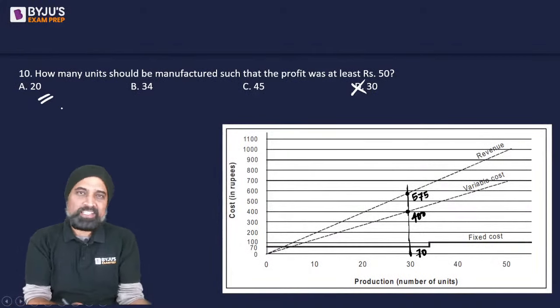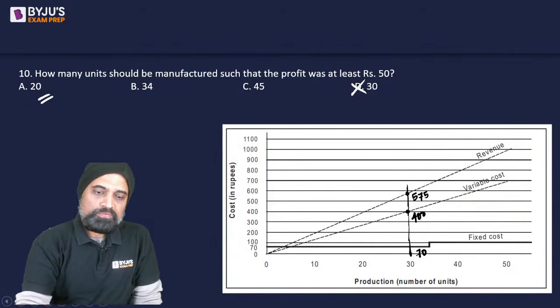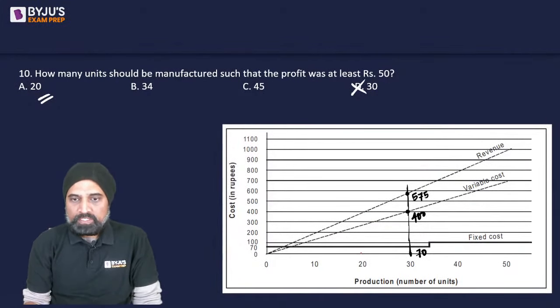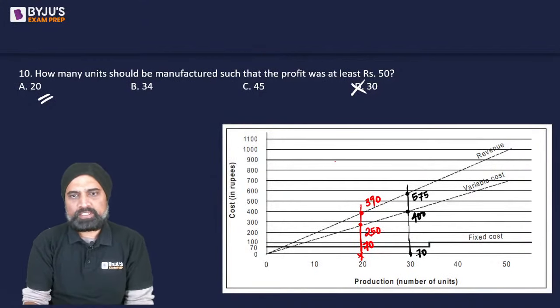It's obvious, it has to be A. But let's check once. So at 20, if we draw a line, the fixed cost is 70, the variable cost is 250, and the revenue is almost 400, let's take 390, like we took it in the last case.